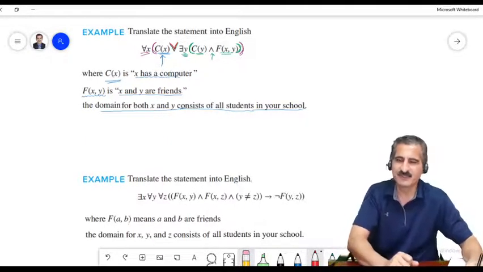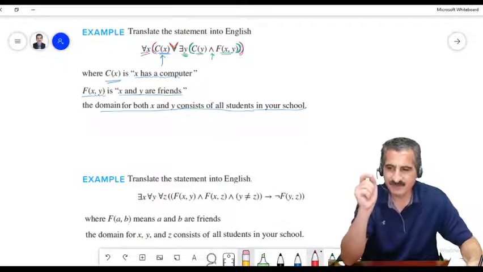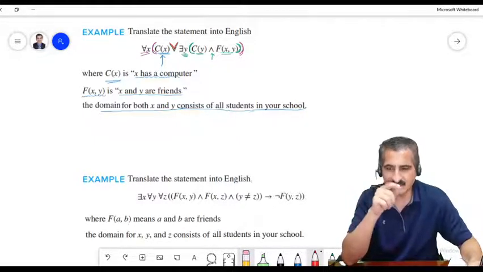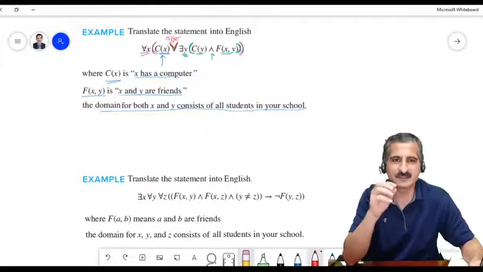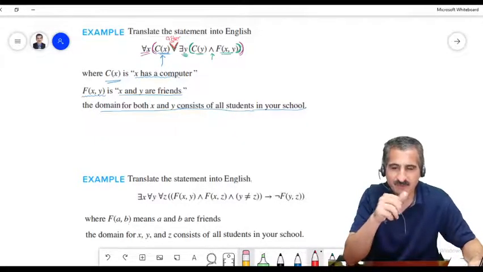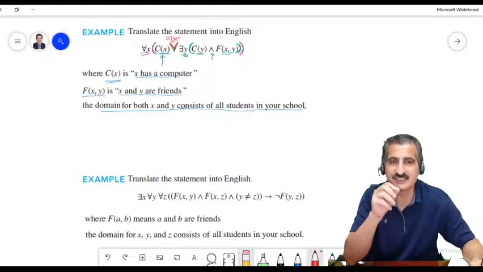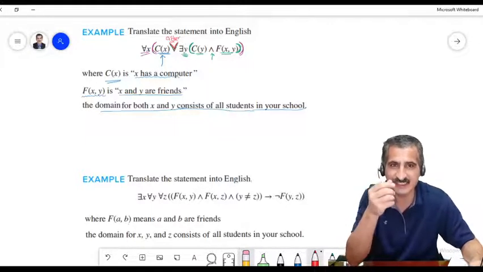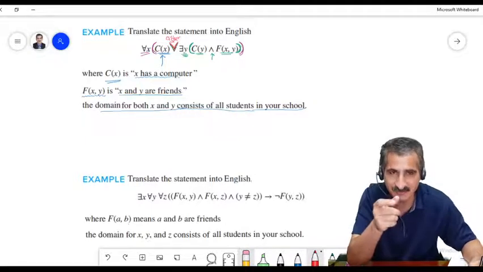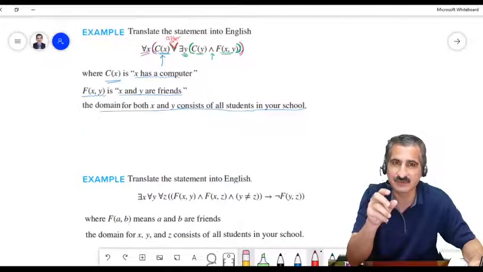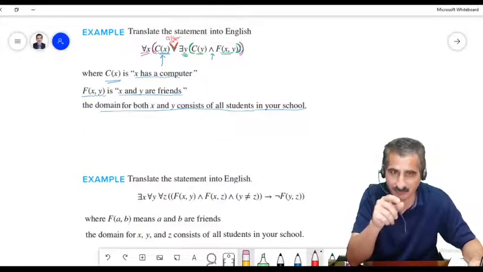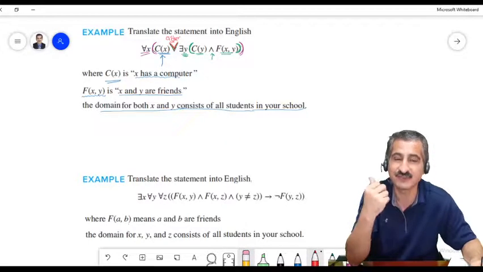Now it says for every x, either, so this red is either and or. Either C of x or there exists y such that C of y and F of x y. So that means for every student x, either he has a computer, if not, then there exists y, another person in the school who has a computer, this is C of y, and he is a friend of x.